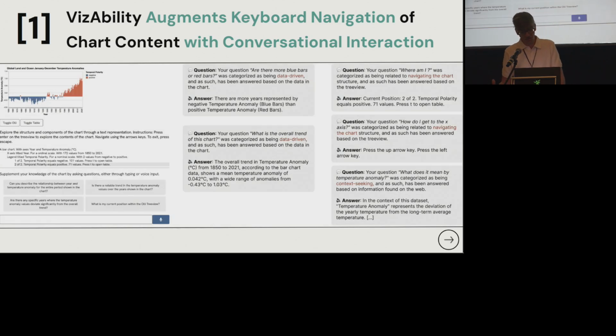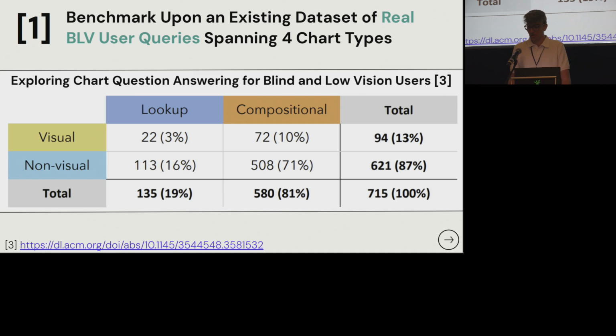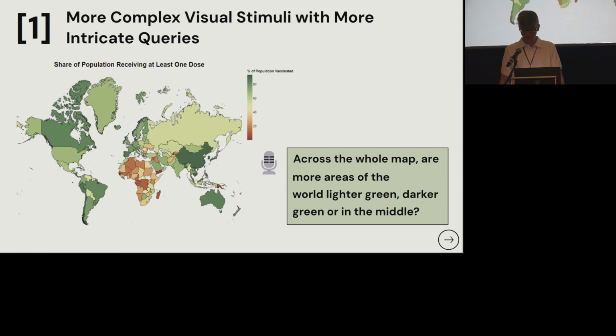We seek to tackle this by augmenting keyboard navigation together with conversational interaction, fusing these together to provide a more well-rounded experience for our blind and low vision users. And here comes VizAbility. Addressing previous concerns about the lack of representation of BLV users in datasets, we benchmark upon an existing dataset of real blind and low vision user questions spanning 4 chart types.